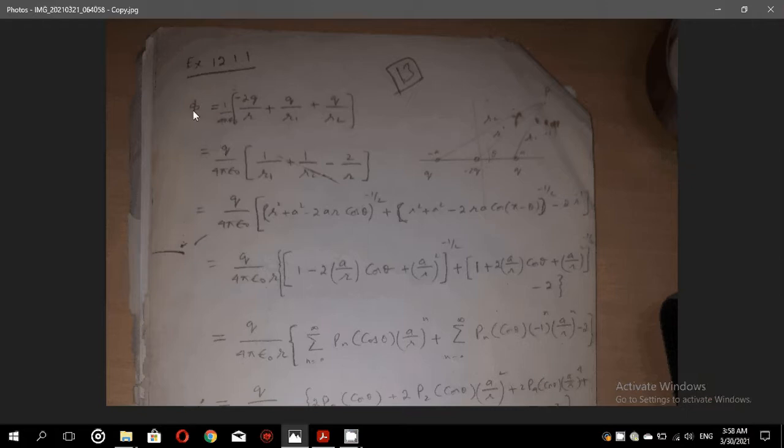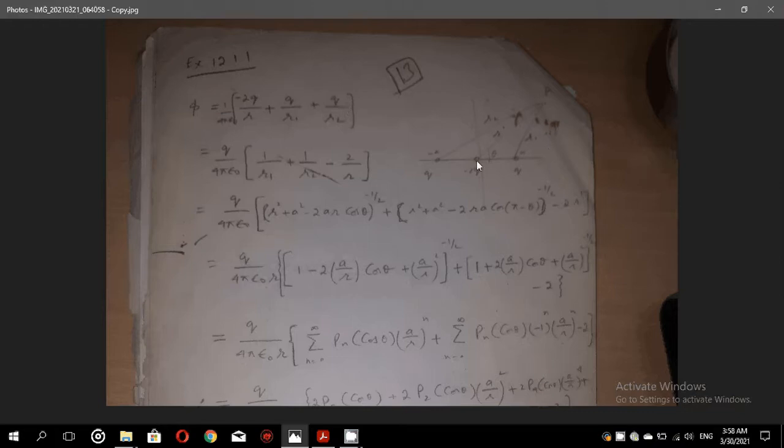So the electrostatic potential due to this combination of charges, as shown in the statement of the problem, will be 1 over 4 pi epsilon naught times minus 2q over r plus q over r1 plus q over r2.